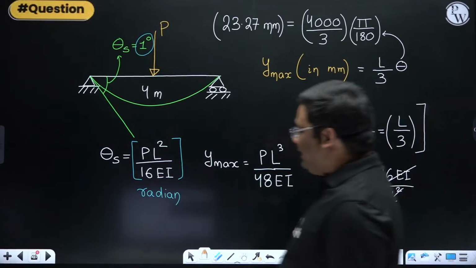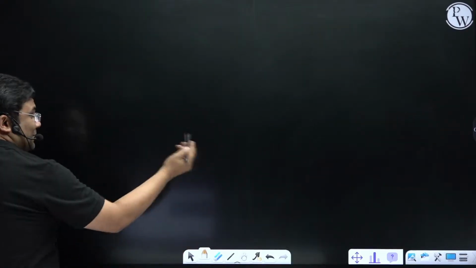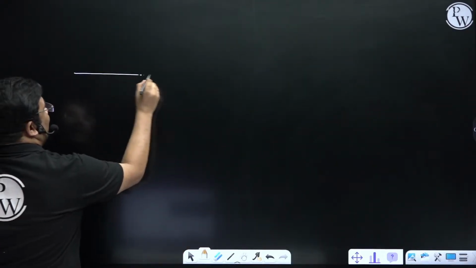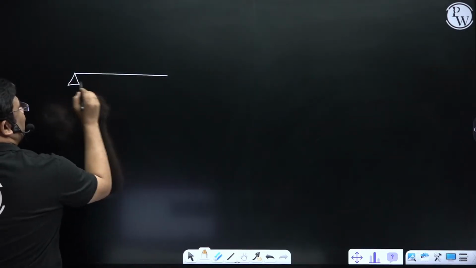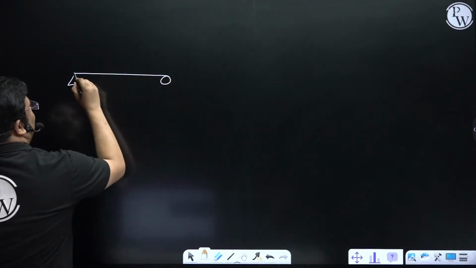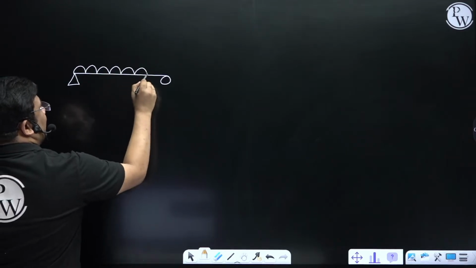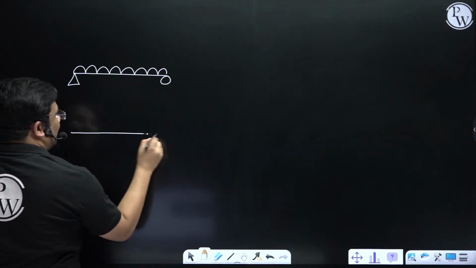So what they do in the examination, on this simply supported beam, suppose I am telling this for UDL and suppose point load.